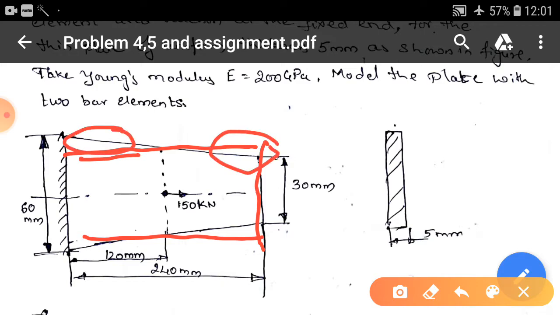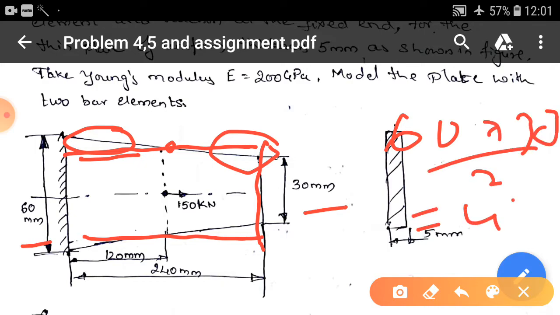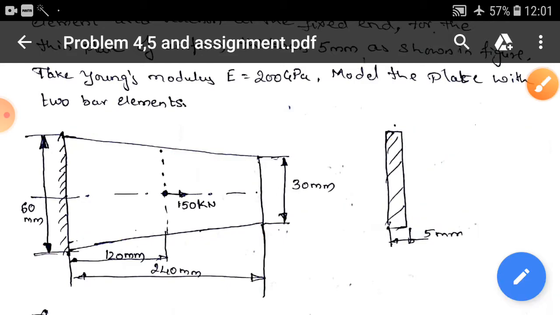This is just an approximation. The tapered bar is approximated like this, and the average area is considered. Neither will I take 60 nor 30. The average is 60 plus 30 divided by 2, that is 45. 45 will be considered.